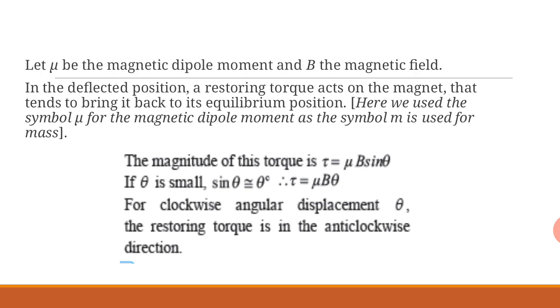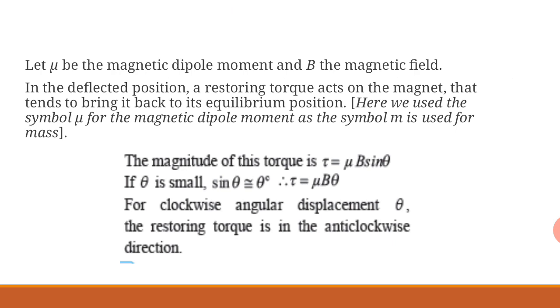Now why have we written this tau over here? Simply, if we use the symbol m, we would write it as mB sine theta, but here we have used mu for the magnetic dipole. Now you know what is meant by torque. Torque is the product of the pole strength of any one of the poles.